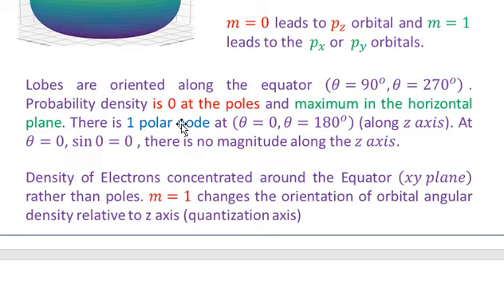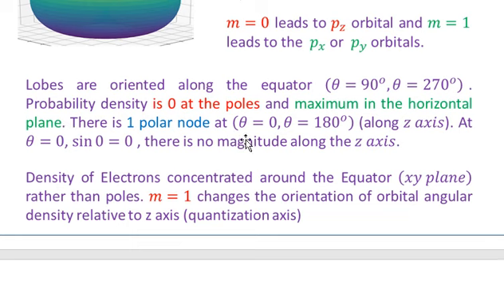Probability density is 0 at the poles, that is along the z-axis, and maximum in the horizontal plane, because from the torus or the donut, you can see that along the x-axis and y direction, the value of the function is maximum.